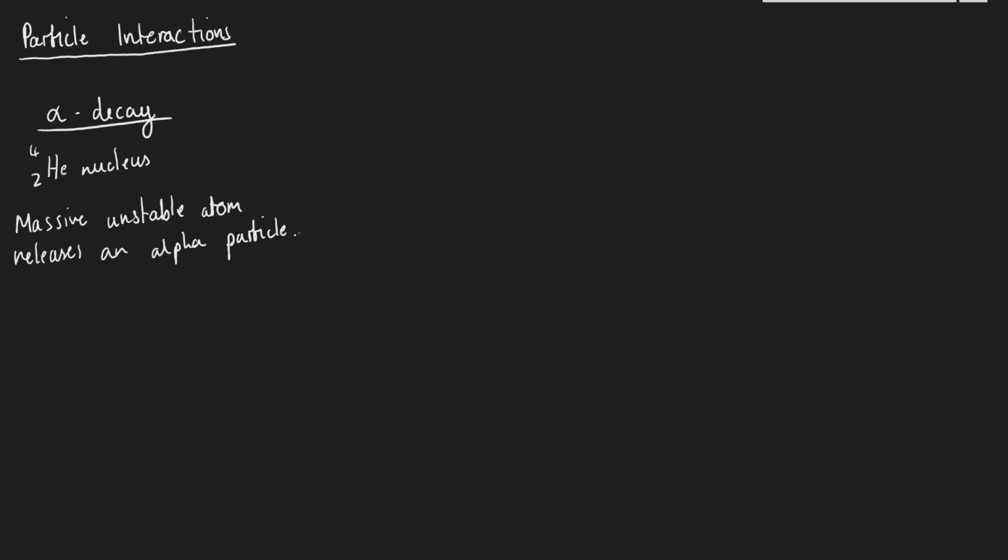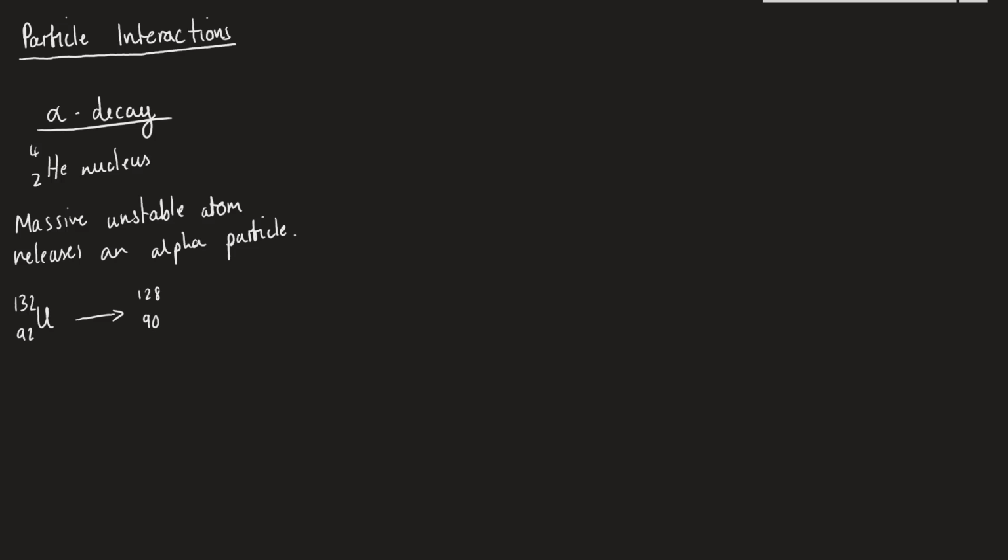We can write these as general equations for interactions. So for example, let's take uranium 92-132, and if that was to decay, it would lose 2 protons, so its atomic number would become 90, and it would lose 4 nucleons since it's emitting this helium, so its nucleon number is going to become 128.